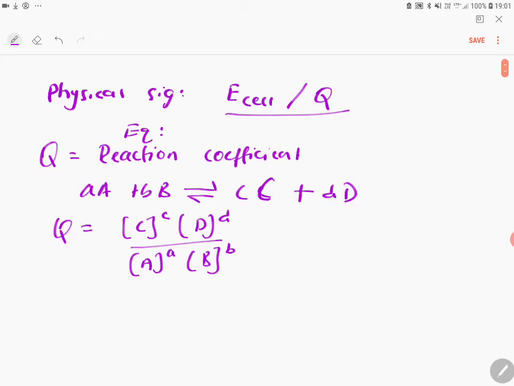Supposing you apply this for the Daniell cell. Now, what was the Nernst equation given for this?